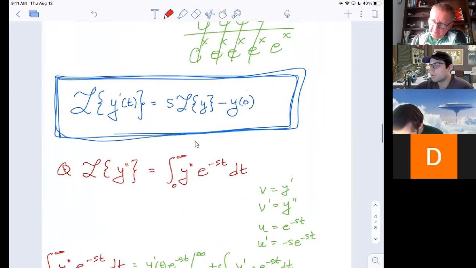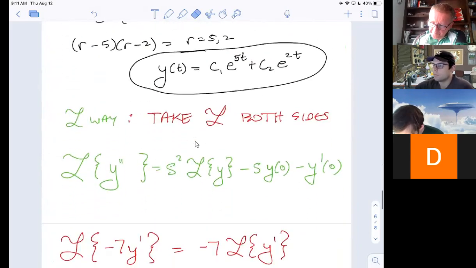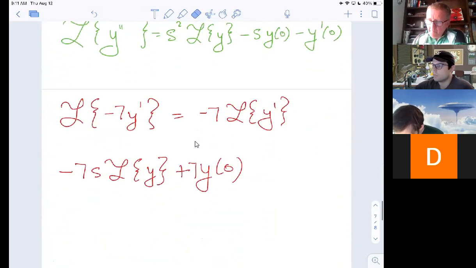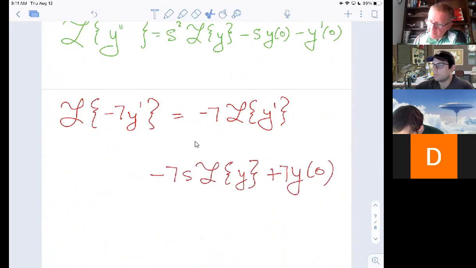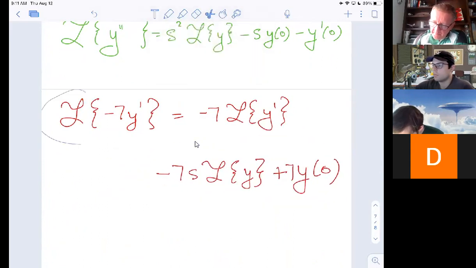I'm basically taking this whole thing times -7: -7s Laplace transform of y plus 7 y of 0. Yeah, I got it right. The fact that I had to multiply it by -7 was something to consider. It wasn't like that was nothing.